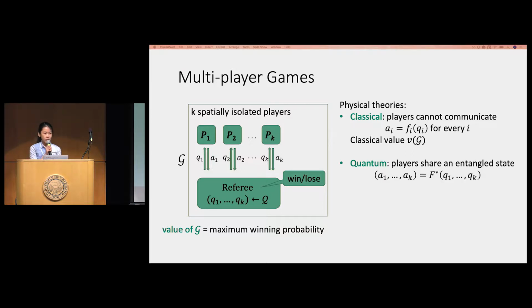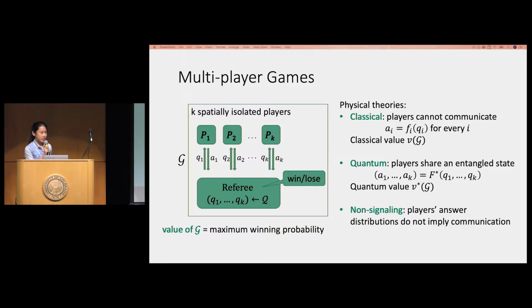Now, if we allow the players to share an entangled state in a quantum world, then the set of answers can depend on the entire set of queries, as long as this dependency can result from sharing an entangled state. Similarly, we can define the quantum value of a game as the maximum winning probability over all quantum strategies.